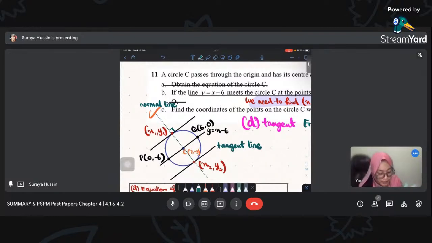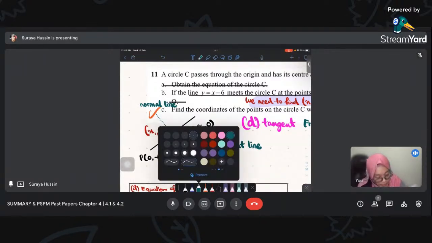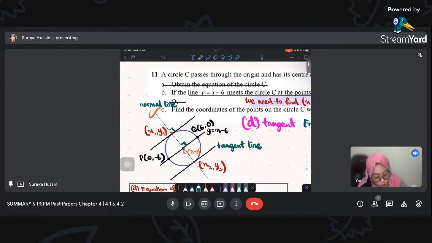So this dotted line yang you kena faham, dia 90 degree pada you punya line. This is all 90 degree, okay? 90 darjah. Okay, this is the original line. So this is the line, means it's just a line. But daripada line ni, you boleh cari normal. So this is normal line.